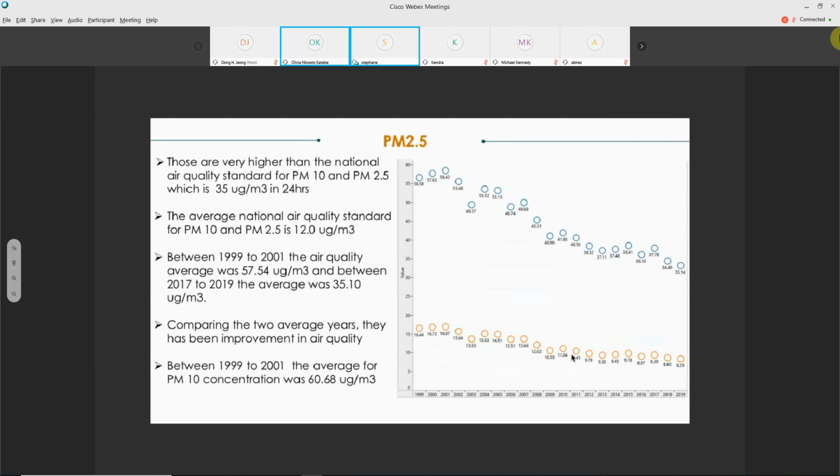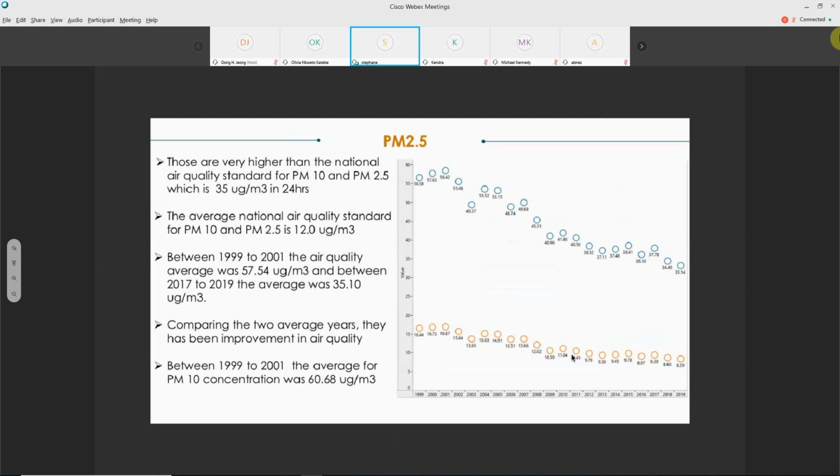So in this graph, it's PM 2.5. We decided to calculate the average according to the national standard air quality. For PM2.5, the average can be calculated in 24 hours, in 1 hour, or in 3 hours.